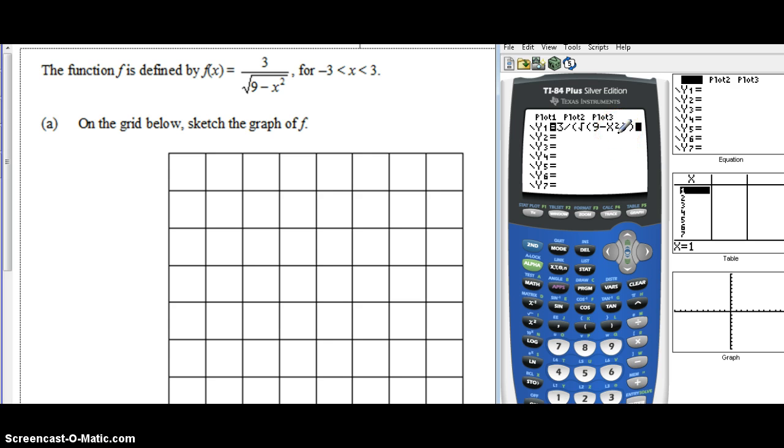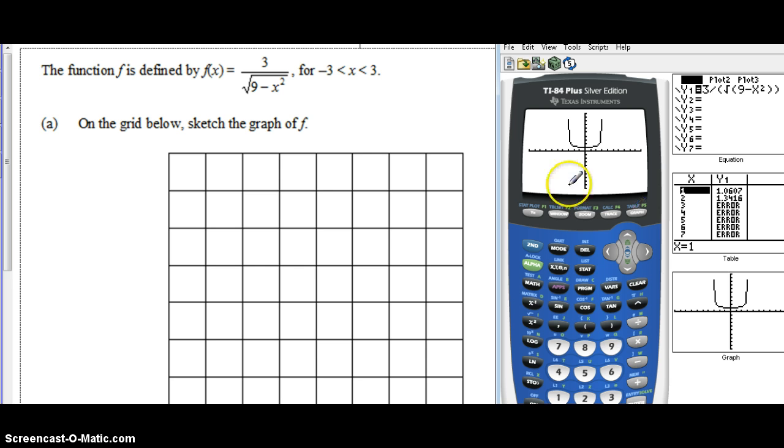Once you have that in the calculator correctly, you would hit graph, and you can see our function is kind of strange, but this is what you'll be graphing.